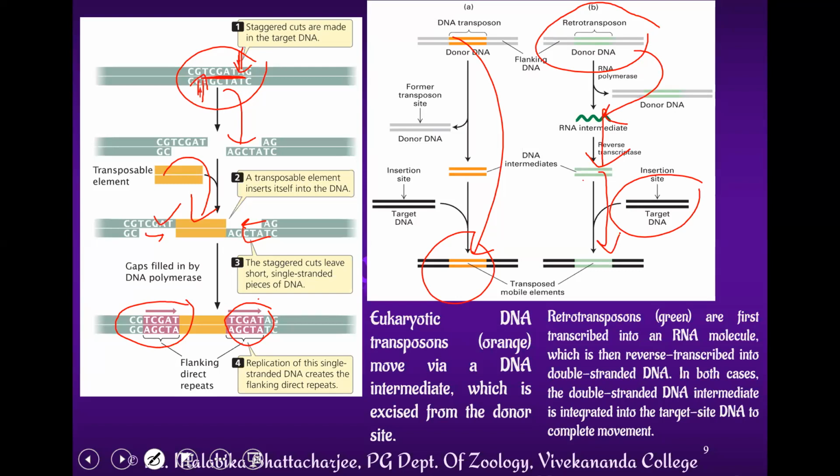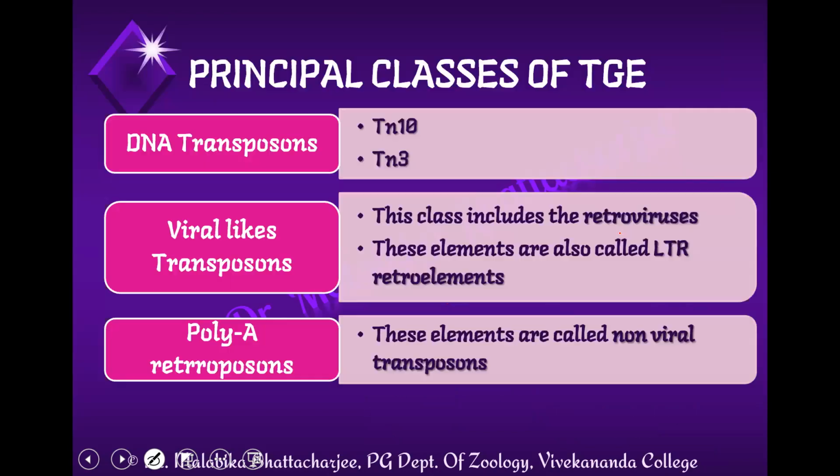So this is a very simplified mechanistic approach: in the case of a DNA transposon, the DNA can come out itself and get integrated into the target site. For a retrotransposon, the donor DNA does not come out from the original position. It makes an RNA copy, from which a cDNA is made, and the cDNA is integrated into the target site.